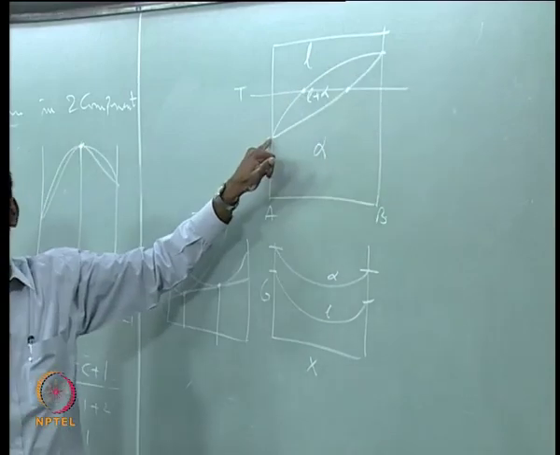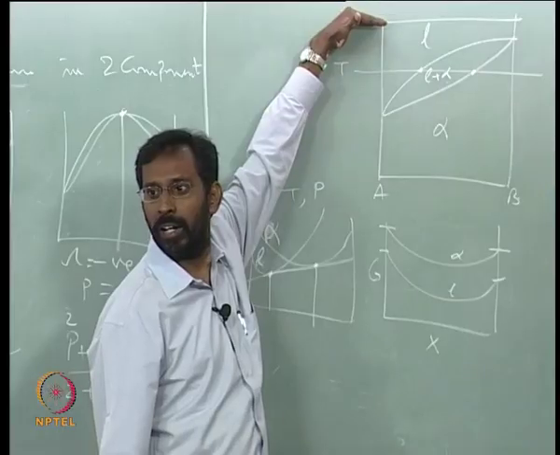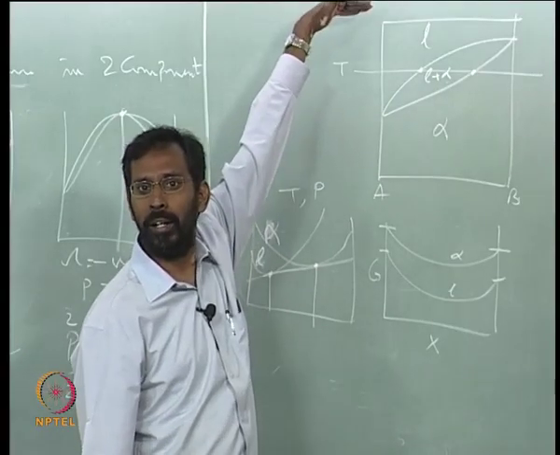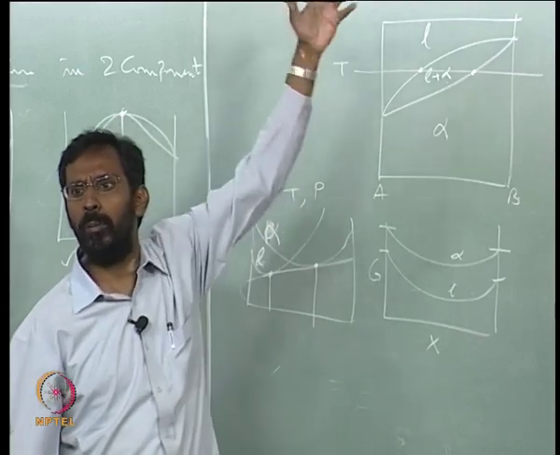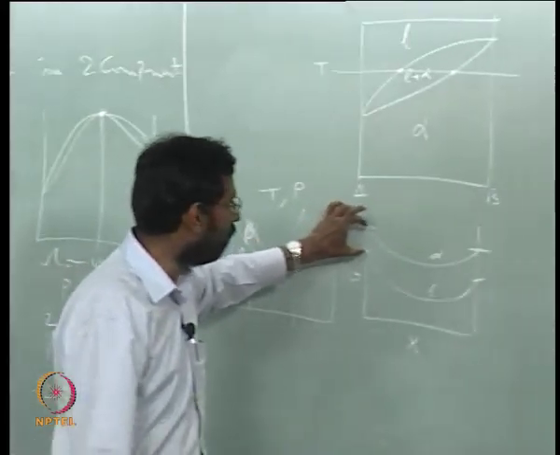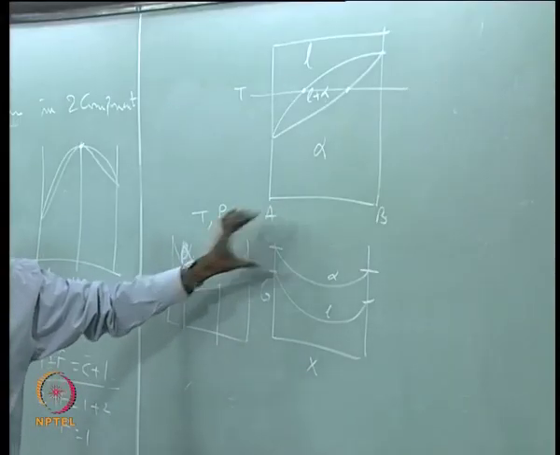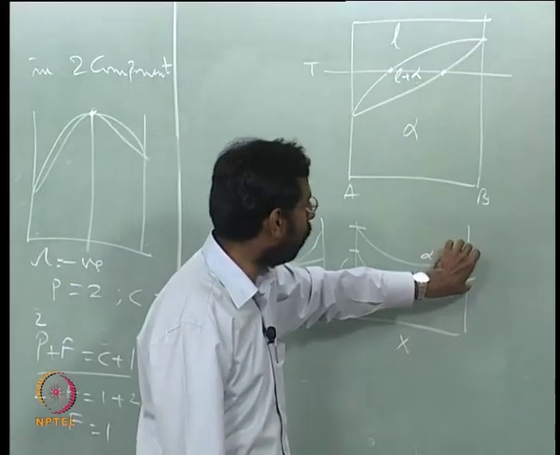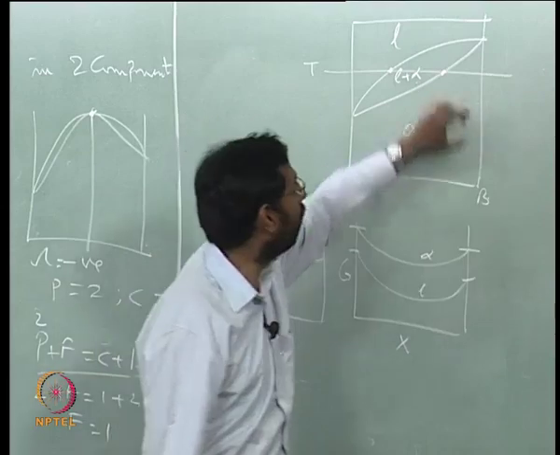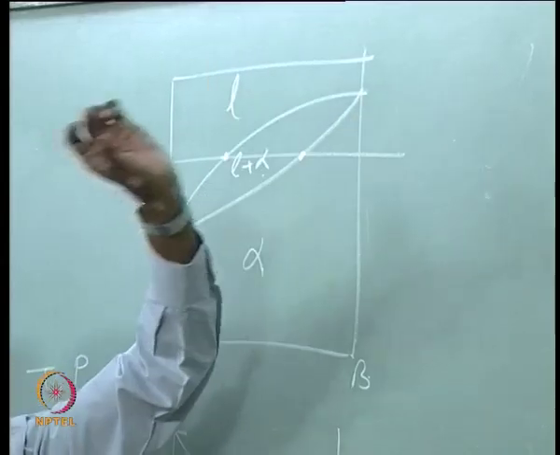That means on the pure A side at this temperature, because that is much higher than the melting point, the liquid is much more stable than the solid. So the difference in the free energy of the liquid and solid for pure A should be larger when compared to the difference on the pure B side, because here the temperature of our consideration and the melting point are closer to each other.